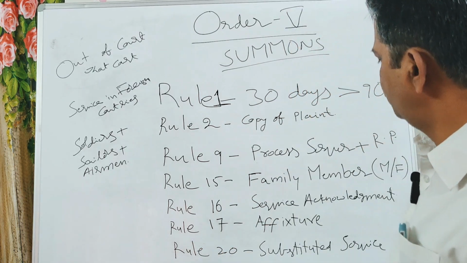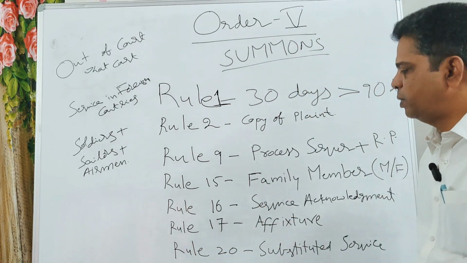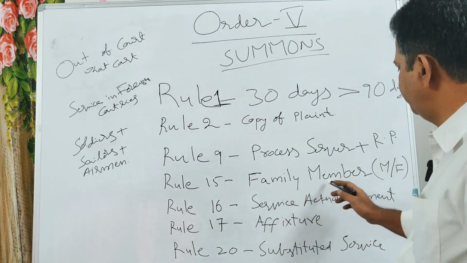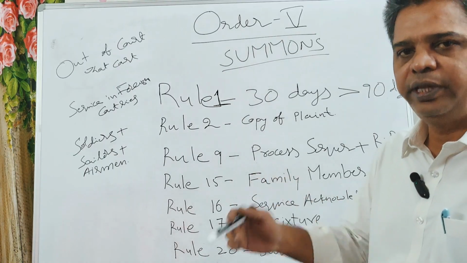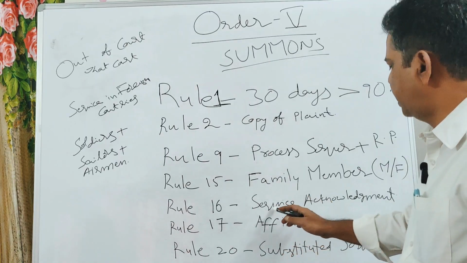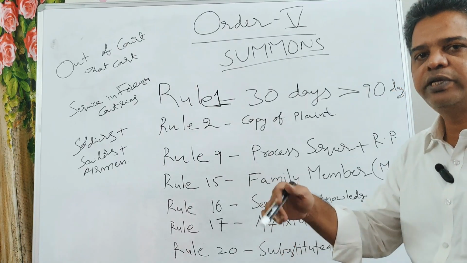Rule 16 says that if the summons is served on the defendant, or on the family member, or the agent appointed by the defendant, then the person who receives the summons shall acknowledge the service on the reverse of the summons.